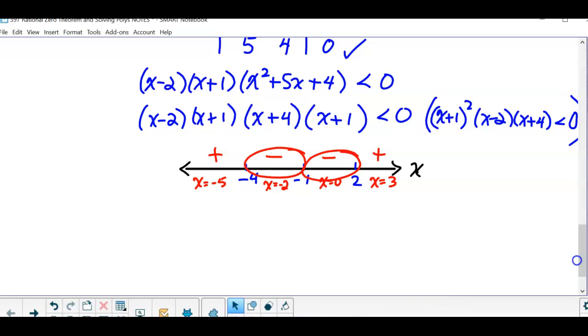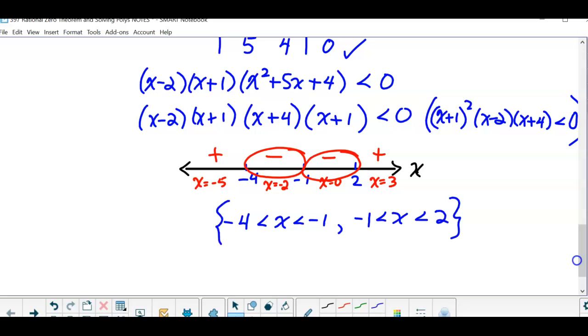So my solution here is, now there's a couple ways of showing it, but this would be probably the most common way. Okay. Or, I guess you could say, do the whole interval, -4 to 2, where x is not equal to -1. Okay, so you can do it that way as well.